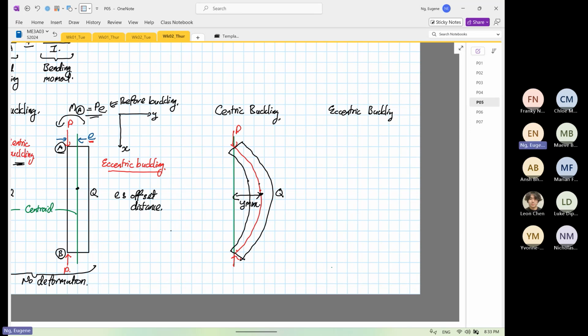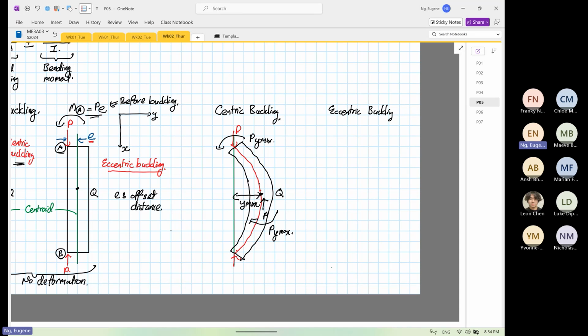After buckling, if we focus at point Q, you now have a P over here, right? Because the load is generating a moment after buckling, you have P multiplied by Y max over here. Then you have a reaction down here, also P Y max.